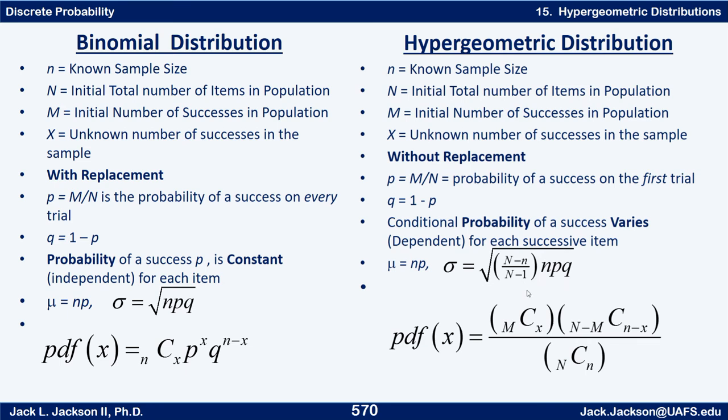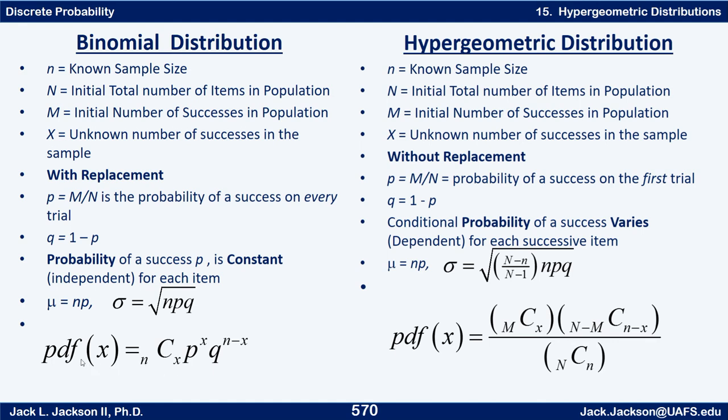In the hypergeometric, you have NPQ, but then you have this other factor, capital N minus little n over capital N minus 1, and of course the square root of all that for the standard deviation. Without the square root, it's the variance, of course, in both cases. So it starts out the same, NPQ here, but there's a little bit extra factor in the hypergeometric that basically takes care of the without replacement part.